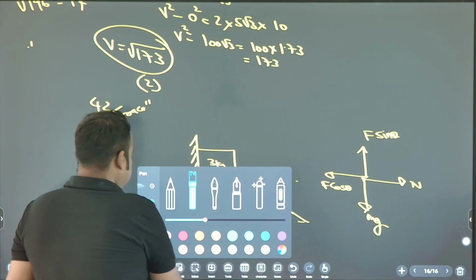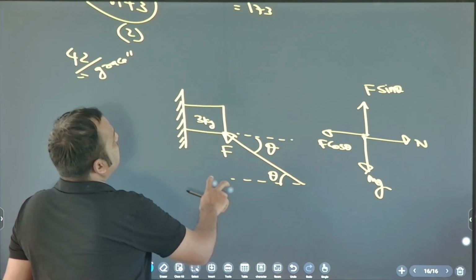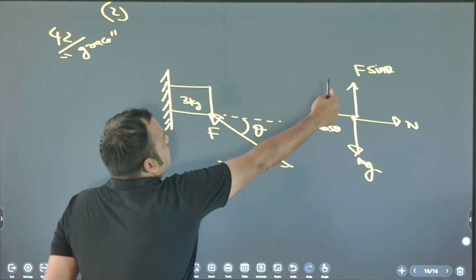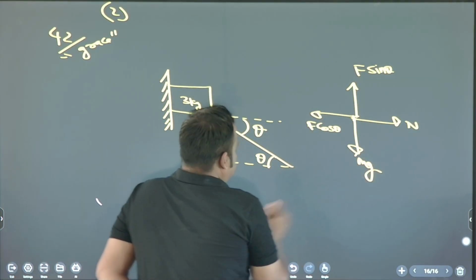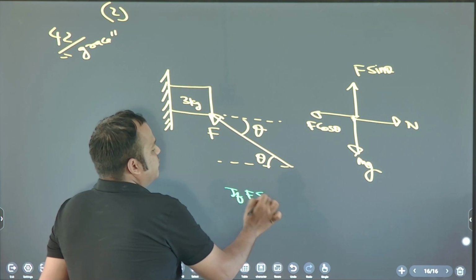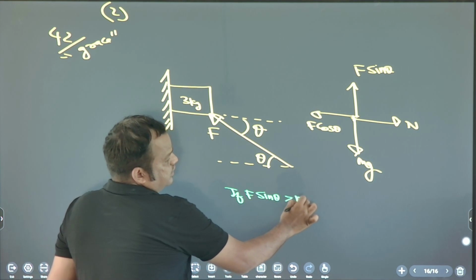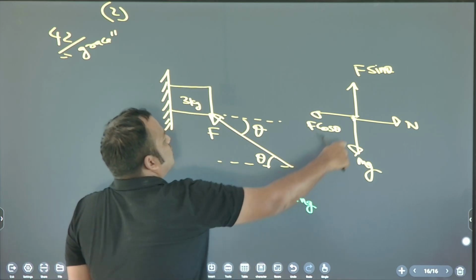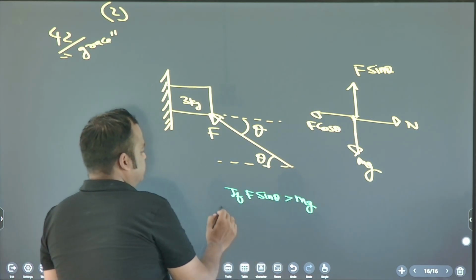So see, you can write down this. If f sine theta is greater than mg, then friction will act downward.